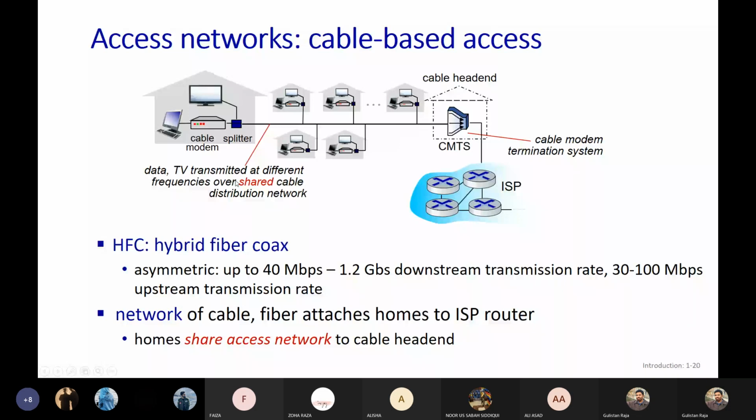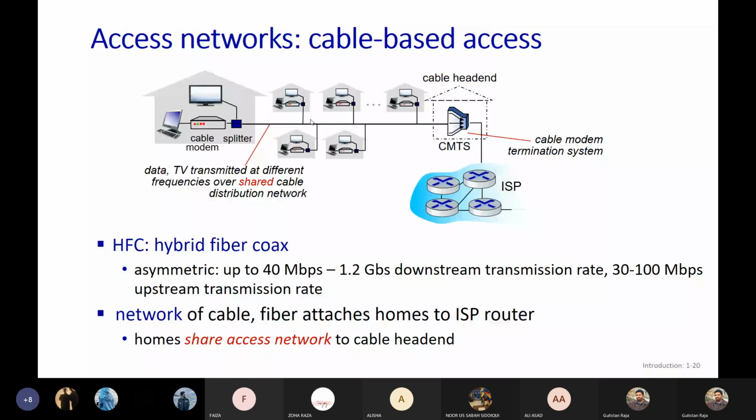The benefit of using HFC, hybrid fiber coax, is that it gives you higher speeds. It is asymmetric in this sense that the upload and download speeds are not the same.